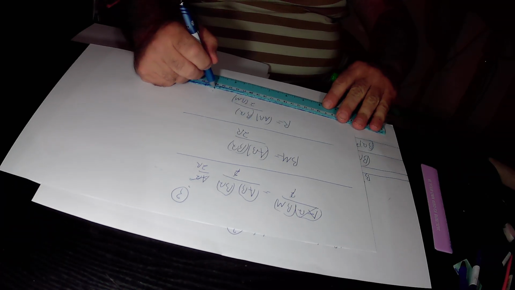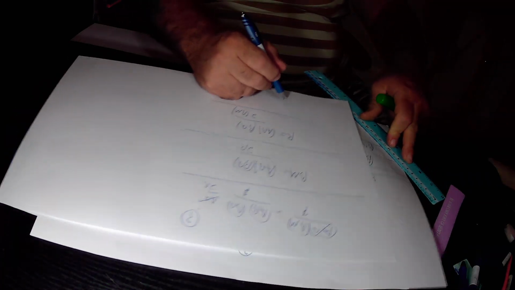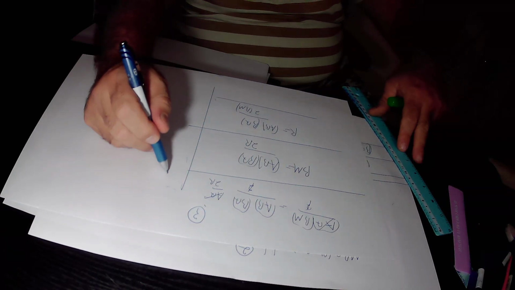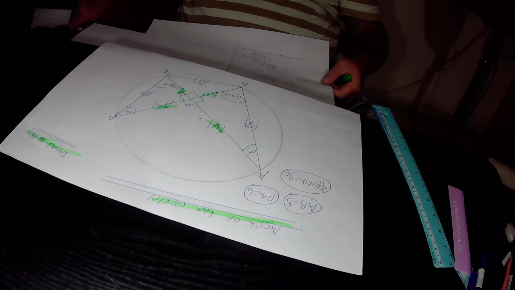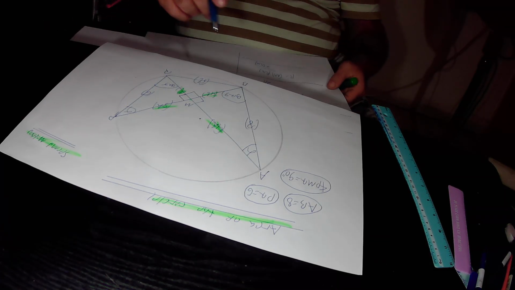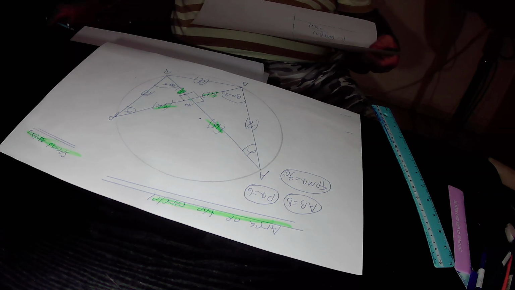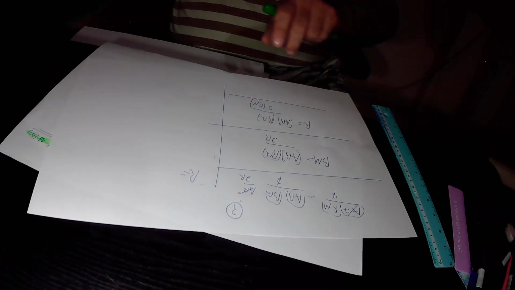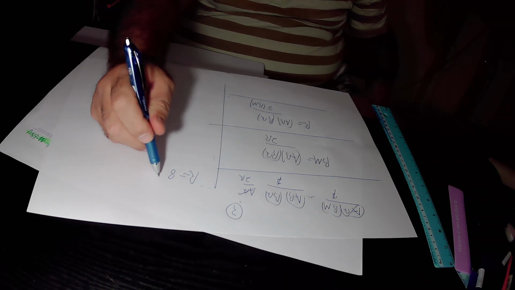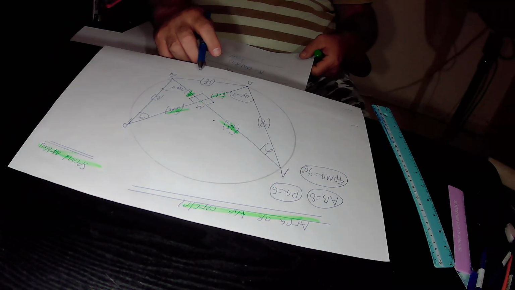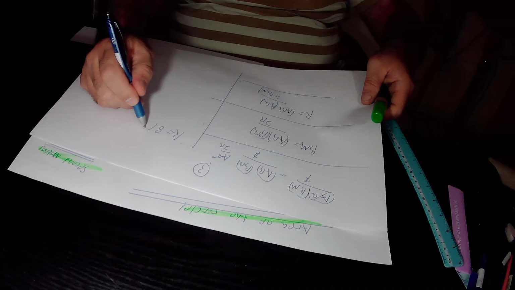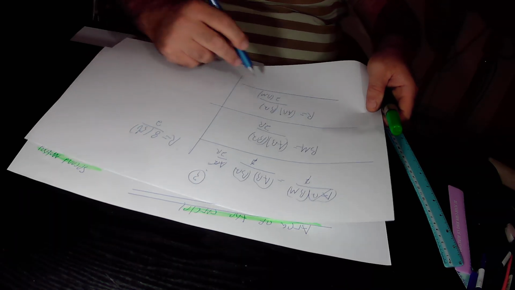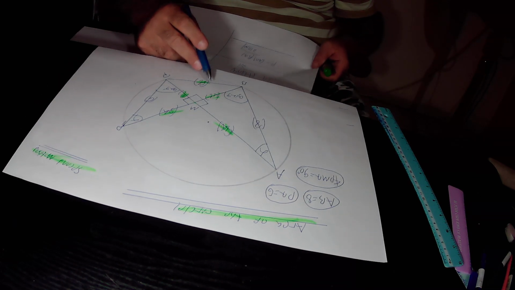So r equals AB, which is 8b, times BQ, which is 5b, over 2 times BM, which is 4b.